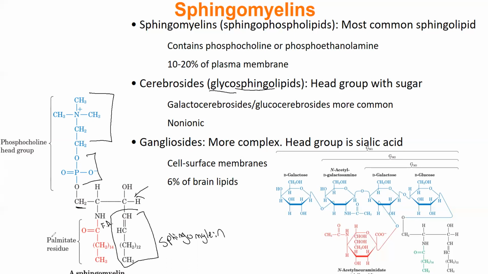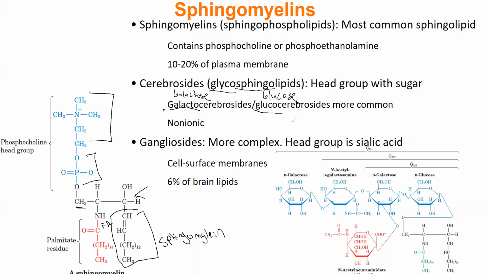Here you have different types. So if your head group is galactose, you get a cerebroside or a glucocerebroside, right? Really, these names are horrible. All this is saying is that on this head group, you can have a galactose or you can have a glucose.